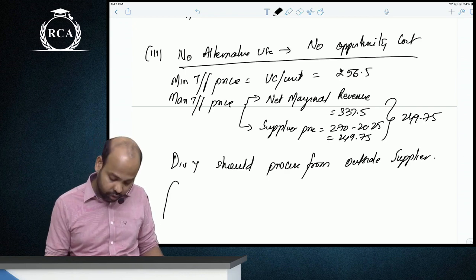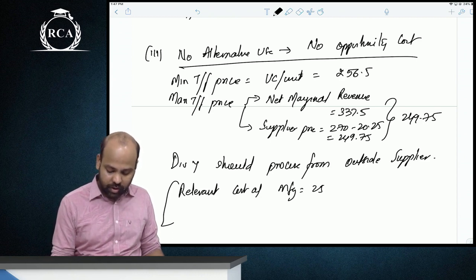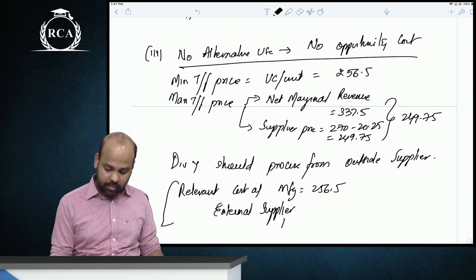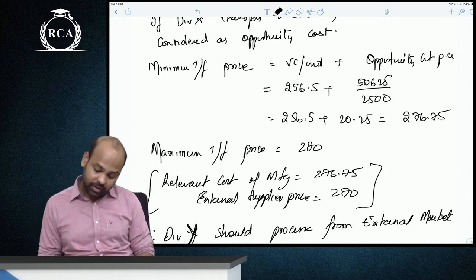Understood? Think like this: relevant cost of manufacturing is 256.5, whereas the external supplier price is 249.75. So yes, there's a difference of 6.75, which was there here also.